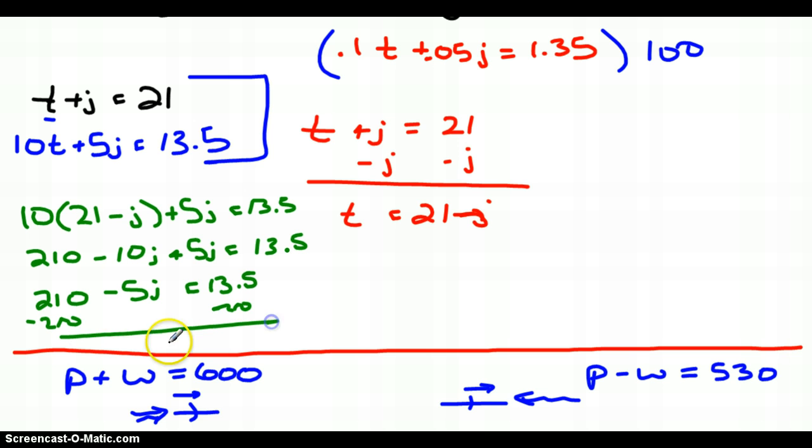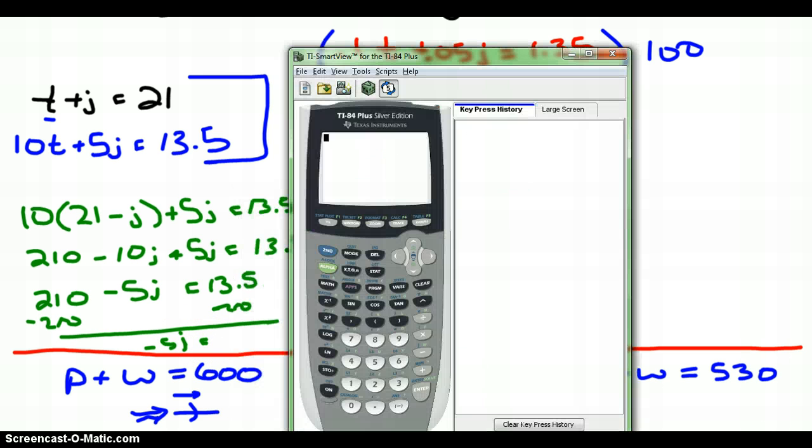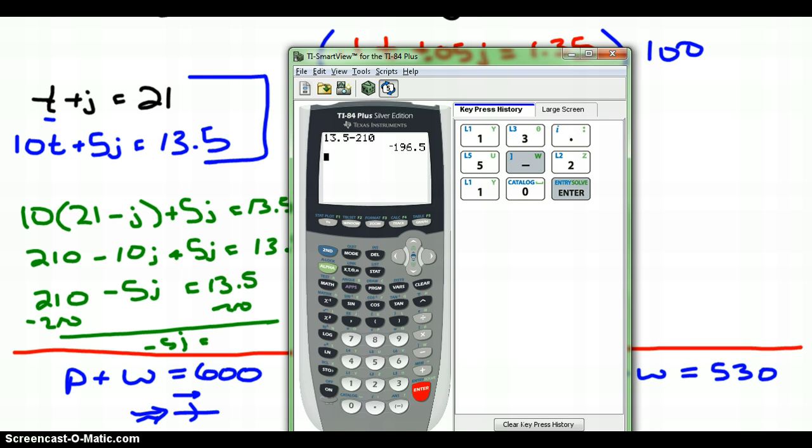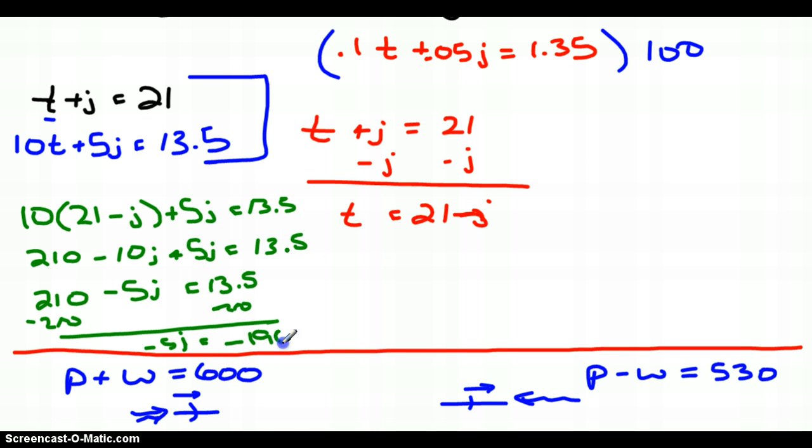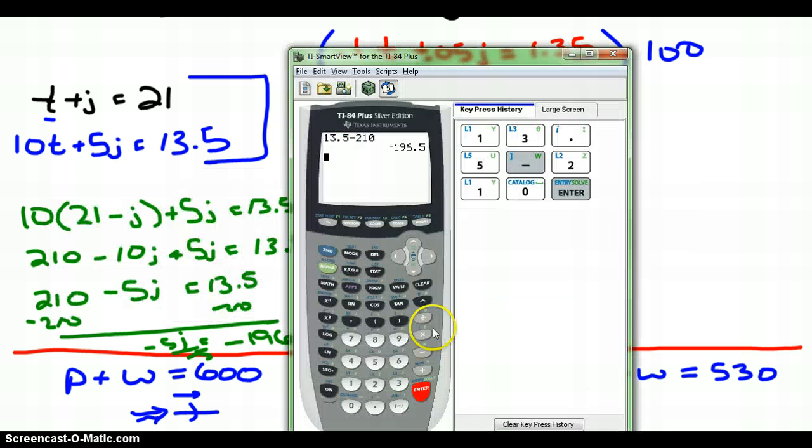Minus 5j equals 13.5 minus 210, negative 196.5. And we're going to divide both sides by that negative 5. So my j is going to be equal to 39.3.